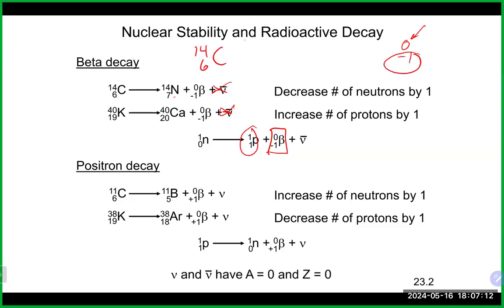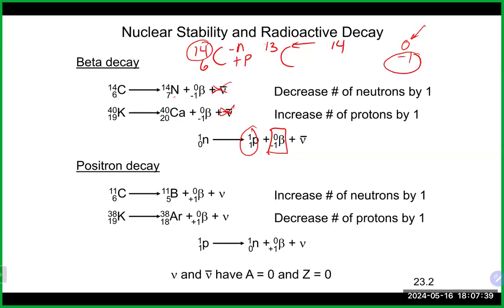We are going to remove a neutron, so we minus a neutron, and that takes us to 13, right? And we're going to add a proton as a result, which takes us from 13 back to 14 for our mass number, because we basically swapped out the neutron for the proton.